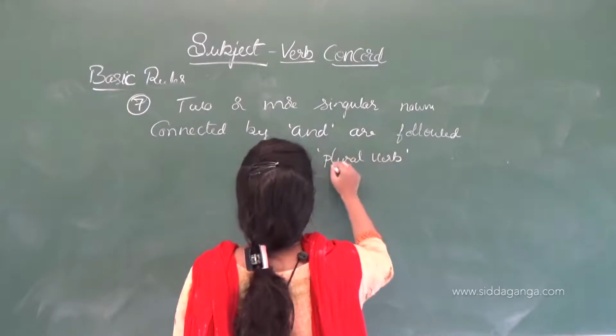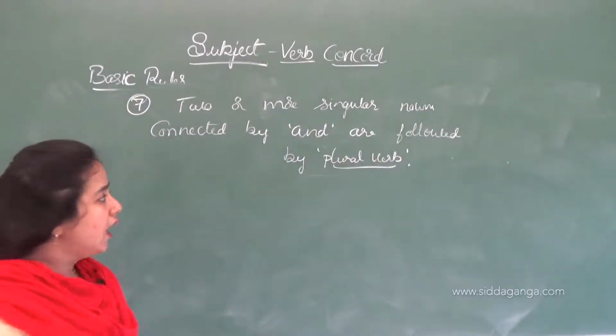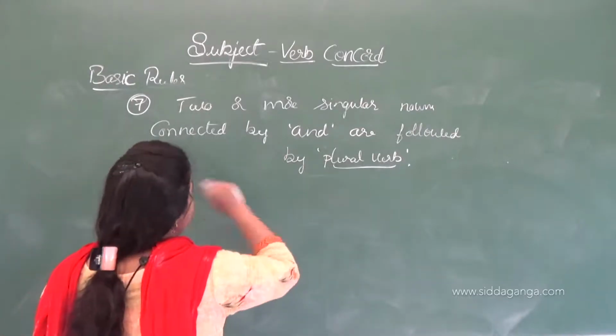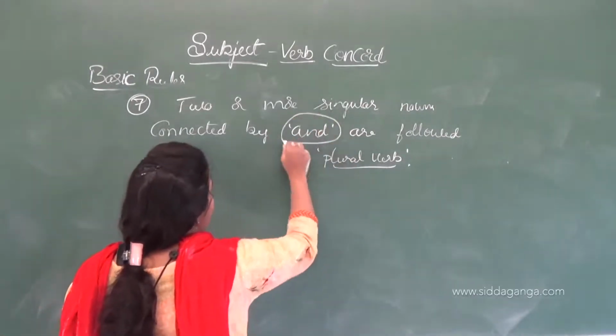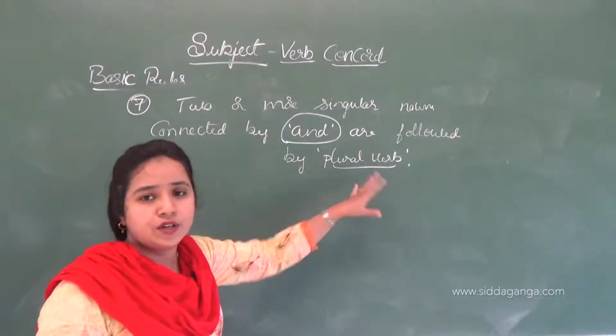So when two or more singular nouns are present and are connected with and in a sentence, what is the verb? The verb is a plural verb.